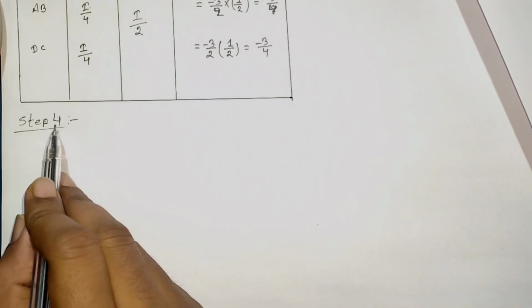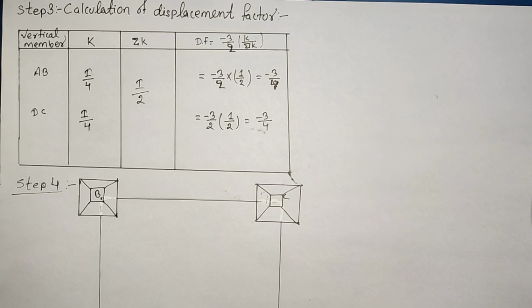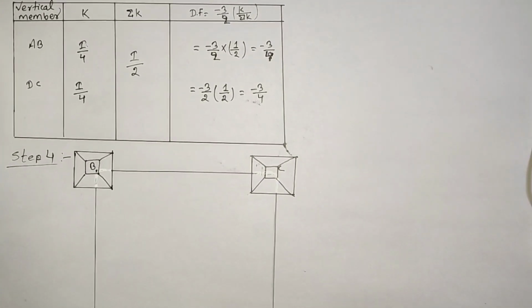In step 4 we draw a reference frame, removing the loads and spans. Let me show you how to draw this. Here I have drawn the reference frame. Now put down the values as I am showing you here.